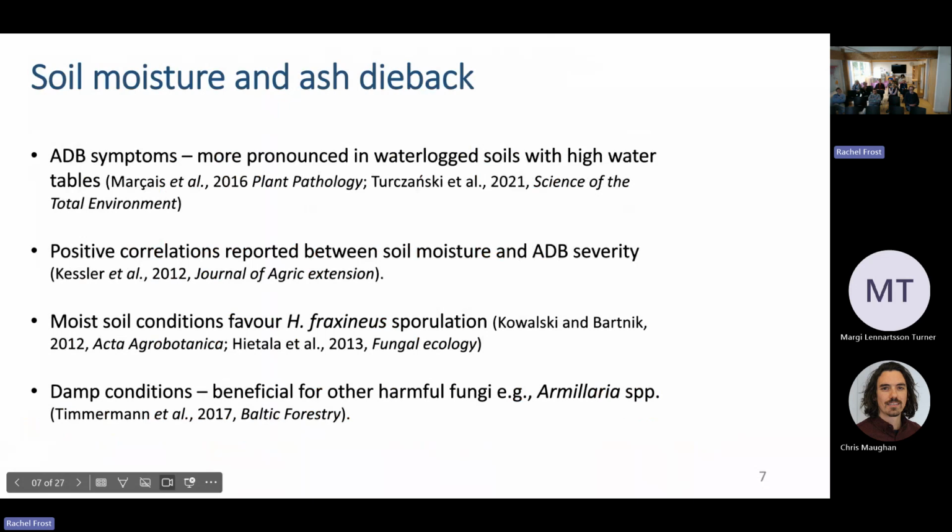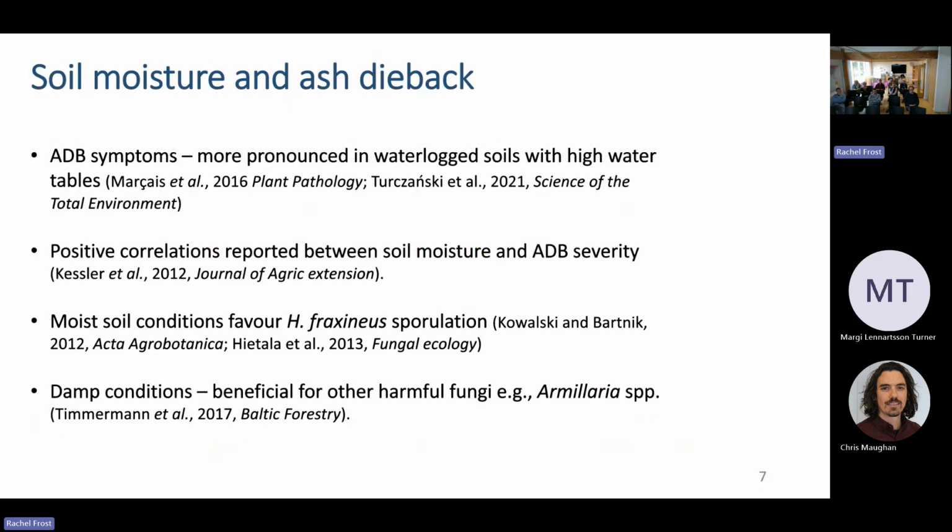So the other factor that has a big influence on ash dieback is soil moisture. So symptoms are more pronounced in very waterlogged soils, and there have been positive correlations observed between levels of soil moisture and severity of the disease.